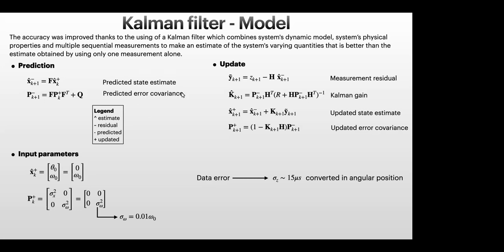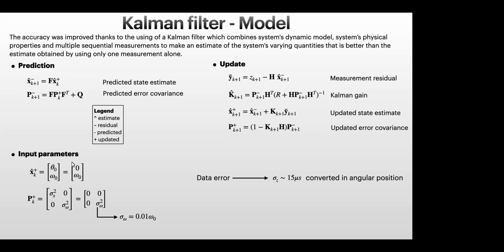After this prediction, we measured the new variables of our system. We can compare the predicted variables with the measured variables, and thanks to a Kalman gain, that is a parameter related to the physical properties of the system and to the covariance matrix of our system, we can make a new estimation of our variables, and also of the covariance matrix.